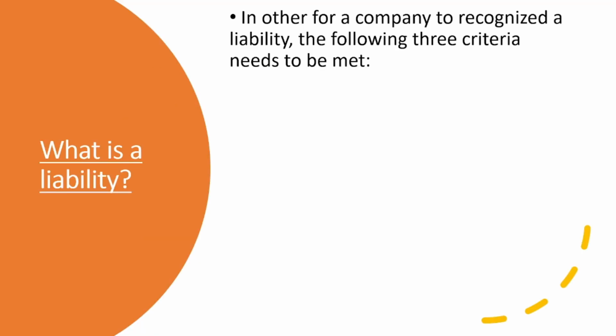What is a liability? For a company to be able to recognize a liability, there are three criteria that need to be met. The first one is the entity has an obligation.